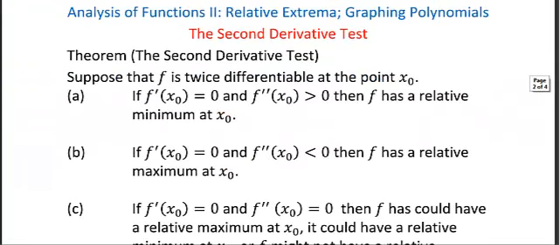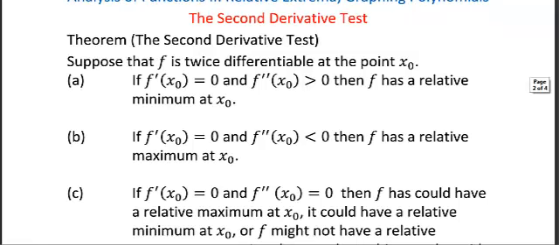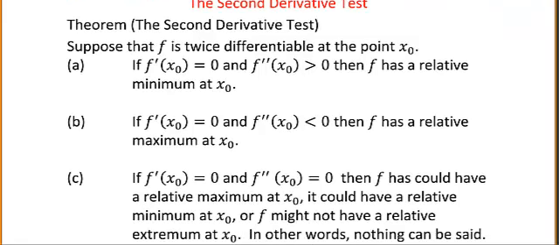Here's the statement of the second derivative test. Suppose that f is twice differentiable. That means you can take its first derivative and second derivative and evaluate them at x0. Then if f prime of x0 is 0, so we have a critical point at x0, and if f double prime of x0 is greater than 0, then f has a relative minimum at x0.